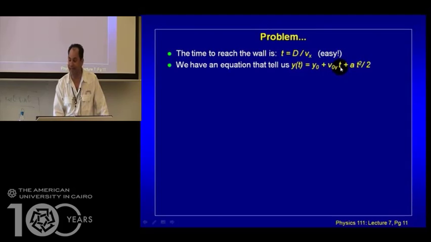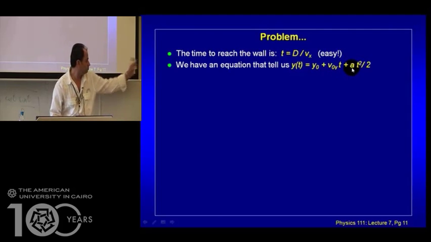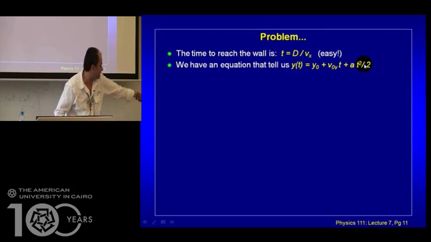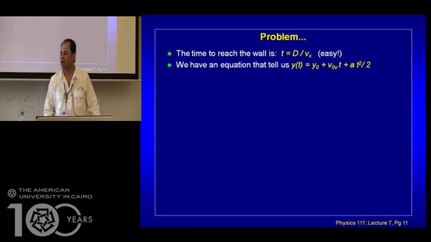By a, I mean the acceleration along the y-axis, negative g, negative 9.8, and it is negative because I have chosen up to be positive. So if the acceleration is pointing down, then it has to be negative, times t squared again, and here is the t. Done. So if you know your physics, it will take you 2 minutes to solve that problem.